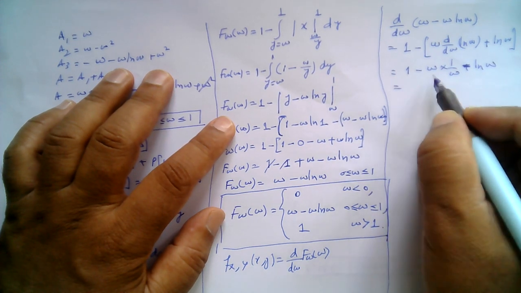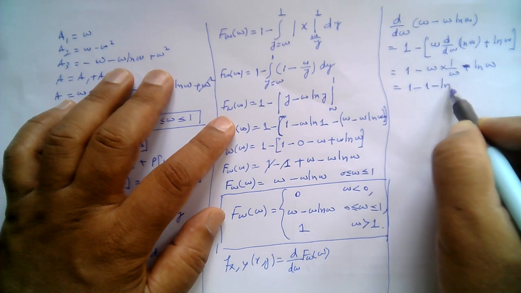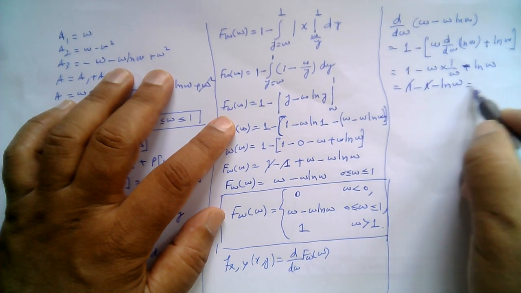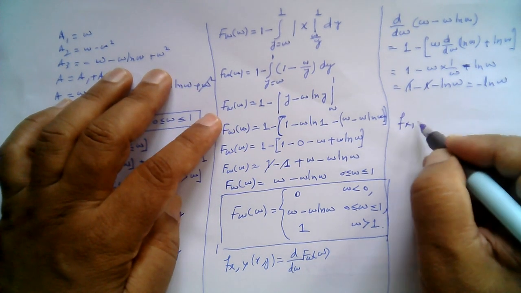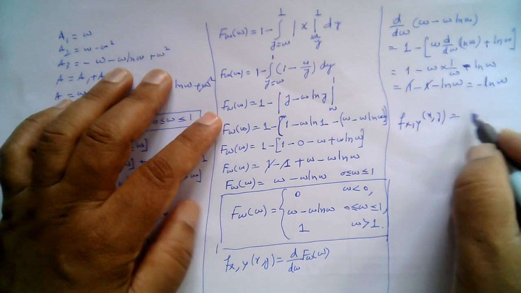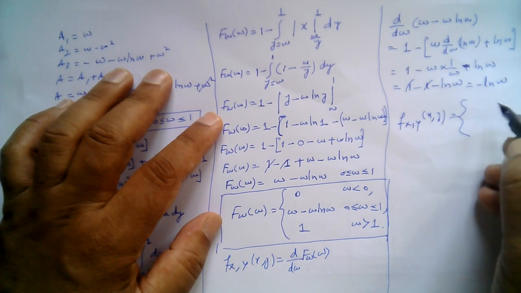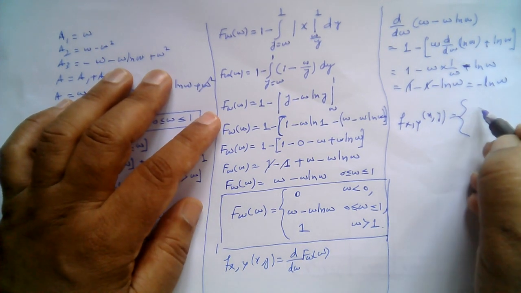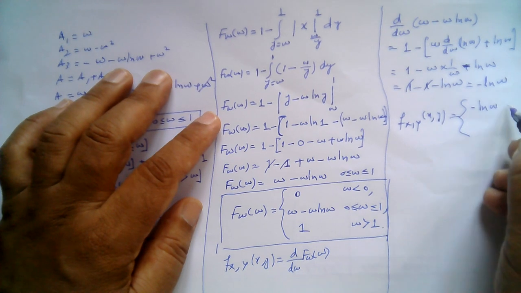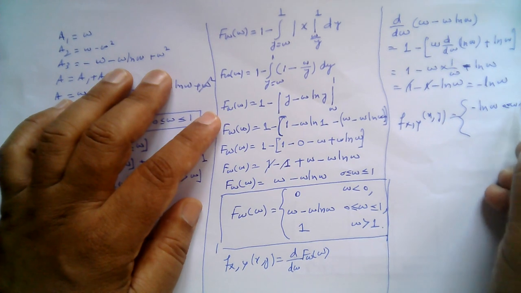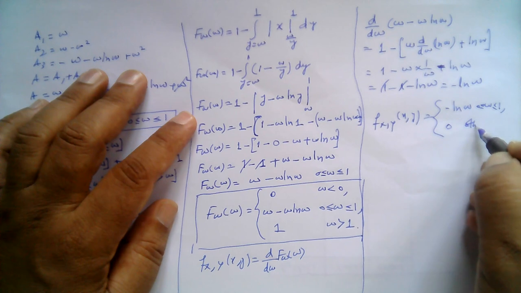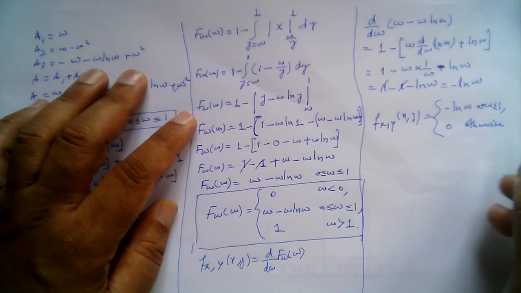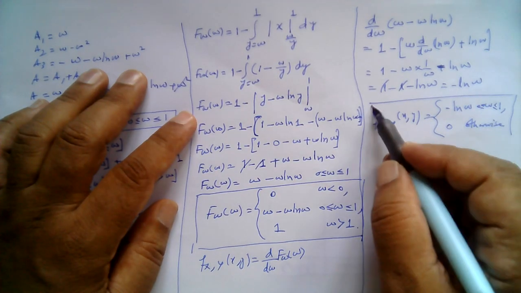So this is 1 minus 1 minus log of w. So we're left with minus natural log of w. So the PDF is given by minus natural log of w for w greater than 0 and less than 1, and this is 0 otherwise. So this is the result for the PDF.